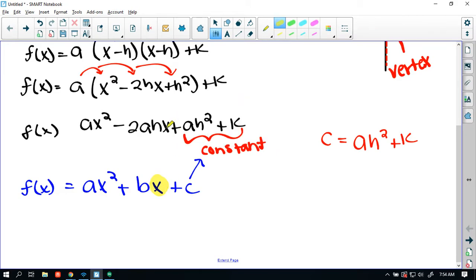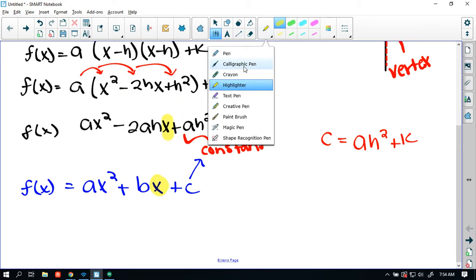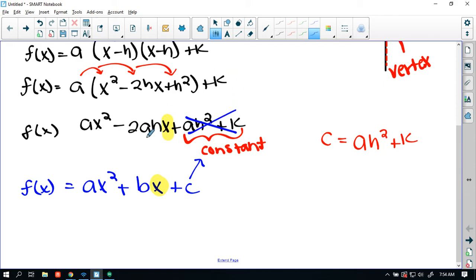Right here we have a single x variable on both of these. We've already eliminated this as being c, so these are the only two terms we are working with, and these are the two terms that both have just a single x. So now I can say that b is equal to negative 2ah.